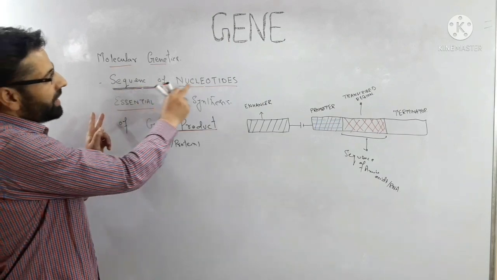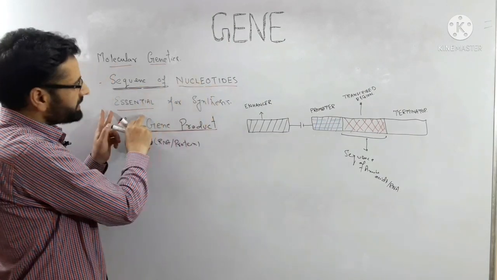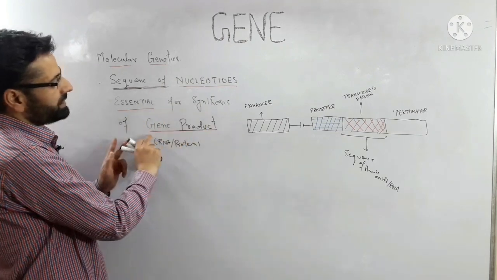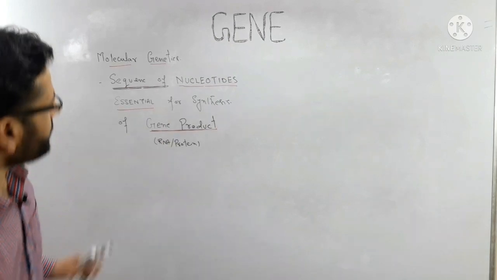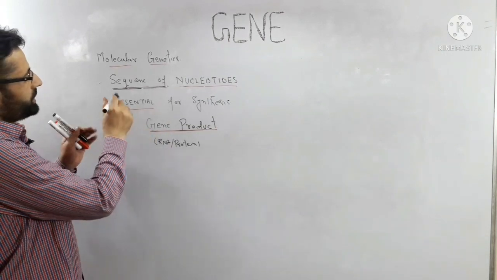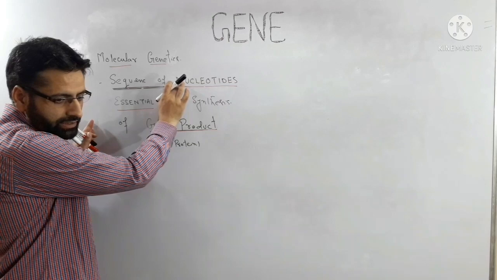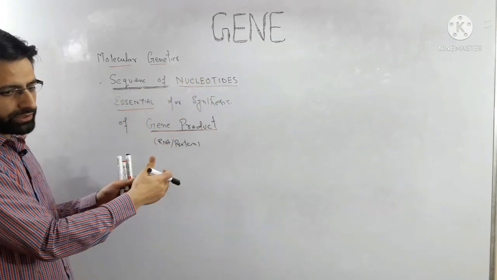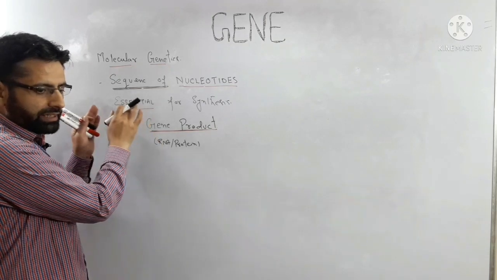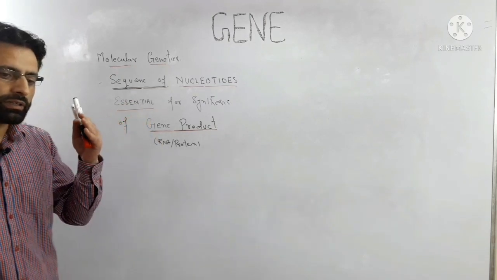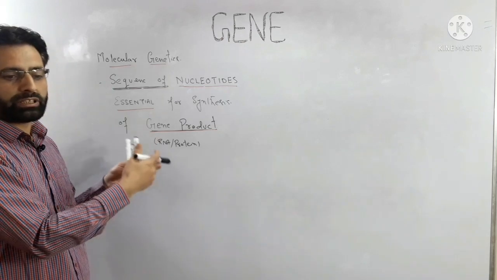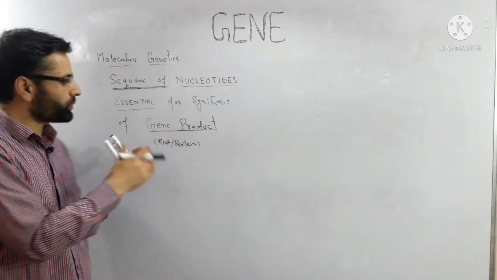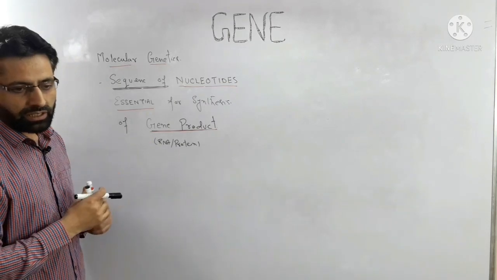So, a sequence of nucleotides essential for what? Essential for the synthesis of gene product. Now you can define gene as a sequence of nucleotides. That is, nucleotides present in a specific sequence, essential. And in essential, we can have the nucleotide sequences which by themselves are translated into the sequence of amino acids, or into the sequence of nucleotides in the RNA.